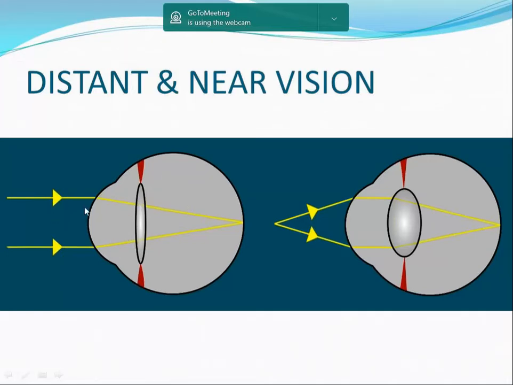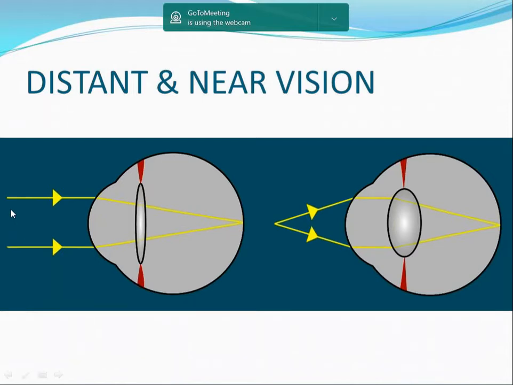There are two refracting surfaces. One is the cornea, where maximum refraction, up to 40 diopters, takes place, and then we have the lens in which the remaining 20 diopters takes place. Together they refract and bring the image right onto the sensory layer, that is the layer of rods and cones. So this is for distant vision.